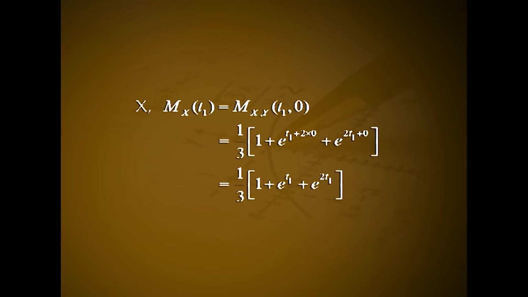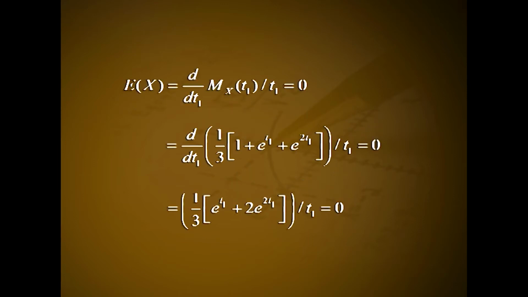Here the MGF of X, M_X(t1) = M_XY(t1, 0) = 1/3 (1 + e^(t1) + 2(0) + e^(2t1 + 0)) = 1/3 (1 + e^(t1) + e^(2t1)).